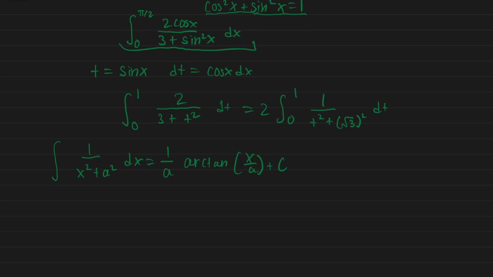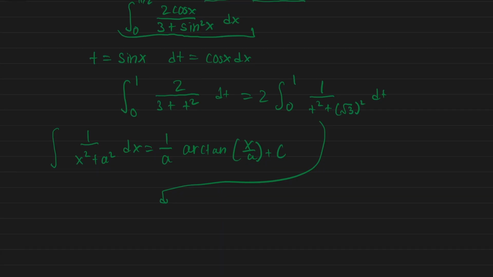There should be a plus c here. So what is this integral going to become now? We'll have 1 over root 3 arctan of t over root 3. And remember, we had this 2 right here, so multiply this by 2. And we need to plug in our bounds from 0 to 1.